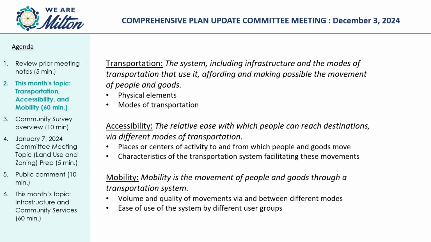Mobility also includes the ease with which different social groups, with different mobility characteristics, are able to use the system and move within it. So that's the high level of the different dimensions of transportation.